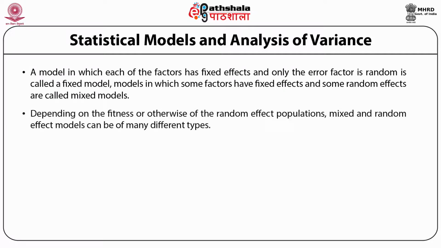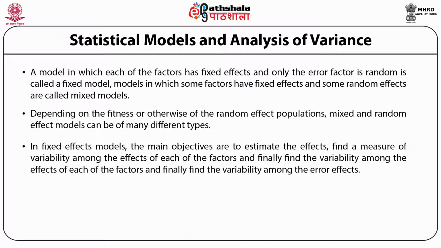So, depending on the finiteness or otherwise of the random effect populations, mixed and random effect models can be of many different types. In fixed effect models, the objectives are to estimate the effects, find a measure of variability among the effects of each of the factors, and finally find the variability among the error effects.